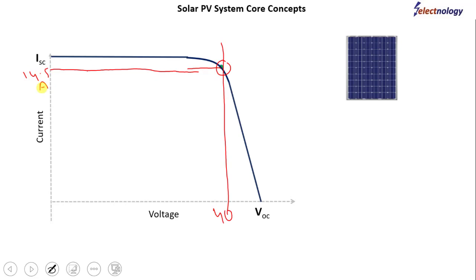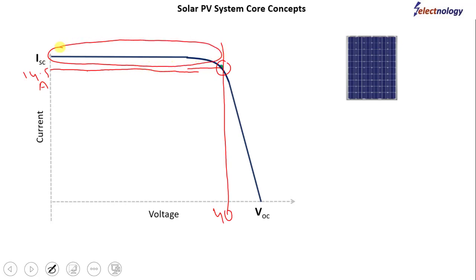Now beyond this operating point, in other words, when the voltage is 40 volts and the current being supplied is 14.5 amperes, the remaining capacity left with the PV module to supply more current is minimum. If we increase the load or try to increase the current, the current will not increase, and this is given by this portion of the graph.